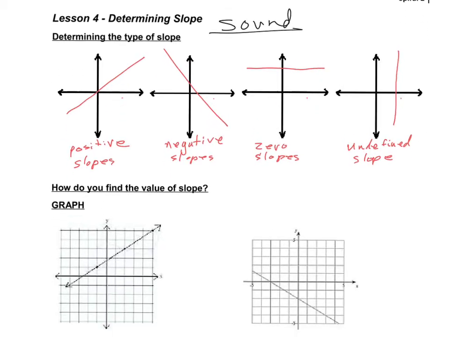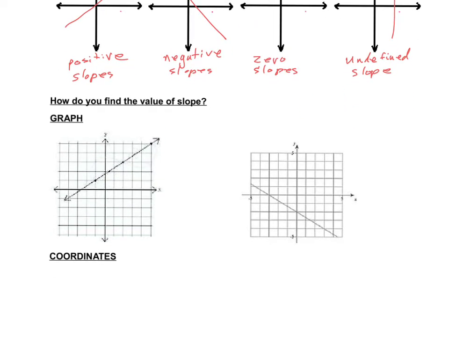Now, we're going to take a look at how we determine the value of a slope. A slope is determined as rise over run. So suppose we take this point here on our graph.